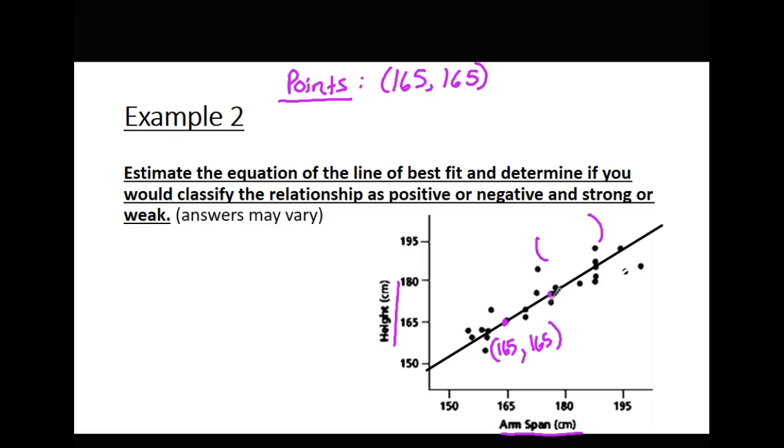So something close. Because if this is 165, this is 180. Maybe we would expect 170 to be about here, and then a little bit more. Let's go with 175 just to make it easier. 5s are a little bit easier than 7. What would you say the y value would be there? Probably about the same once again.